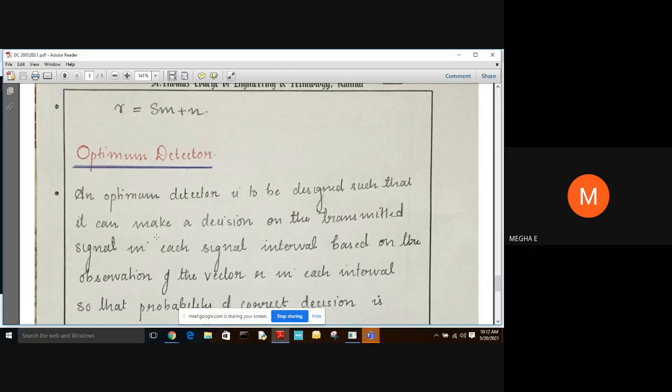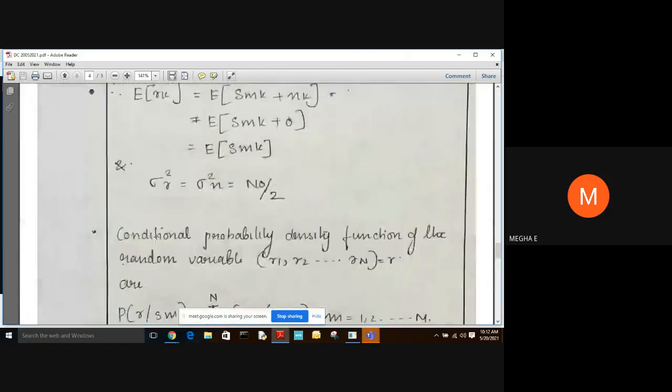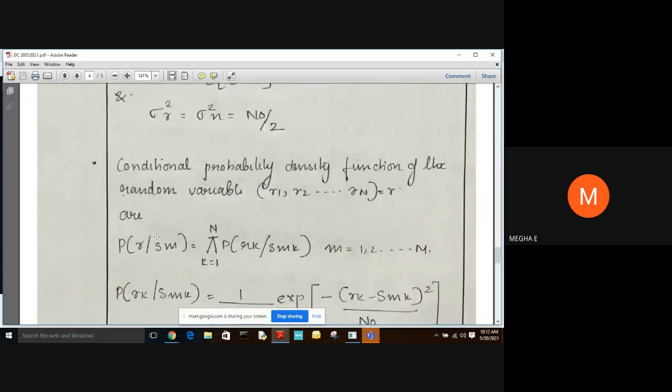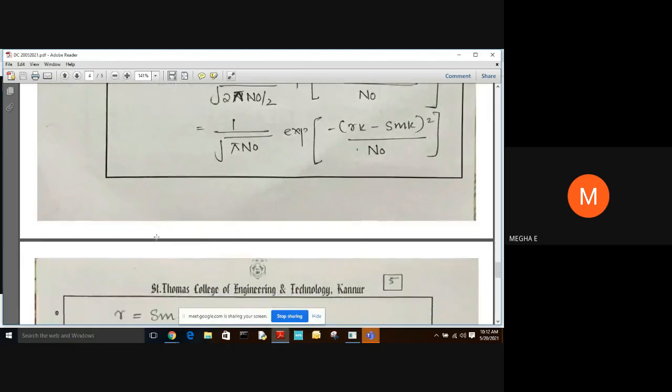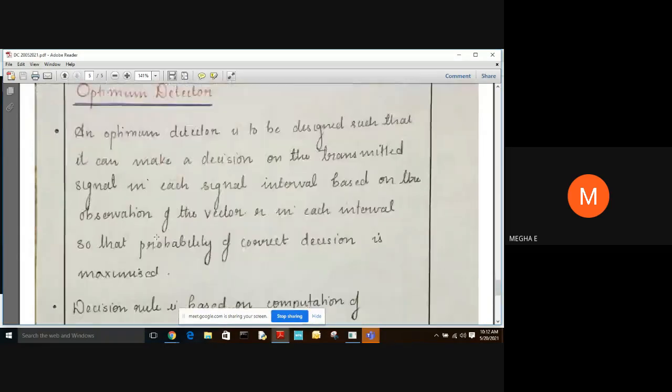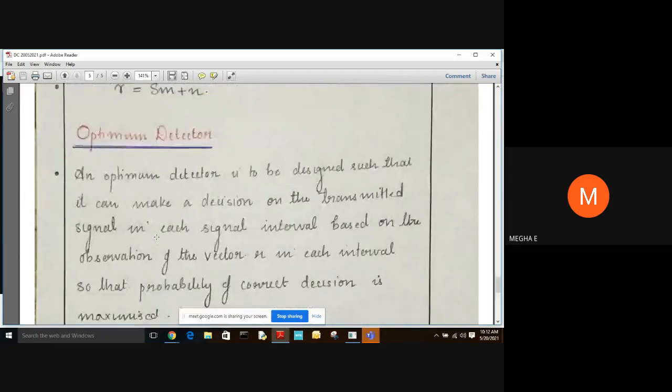So here we have discussed the demodulator part. Now the demodulator output, which is an observation vector, is given to an optimum detector. This optimum detector makes the decision on which of the M possible signals was transmitted.